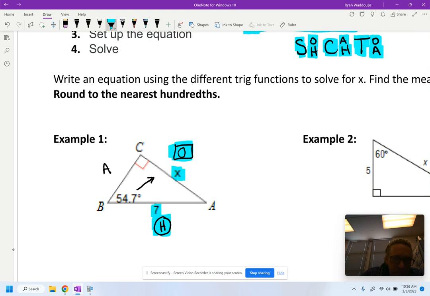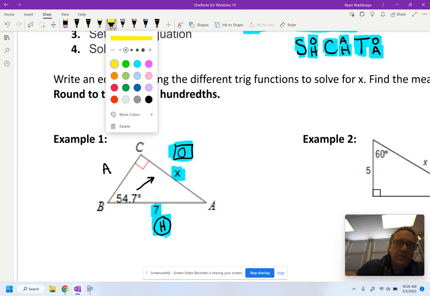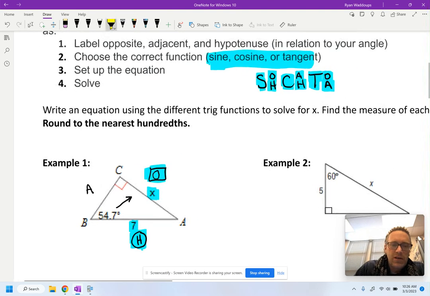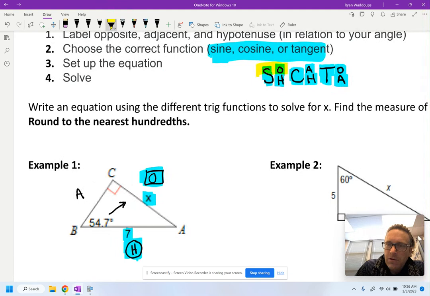So I am dealing with 7 and x here. I want to know what x is. So A does not come into play here, but O and H does. And so I want to ask myself, which of the ratios deals with the opposite over the hypotenuse? And that is the sine.